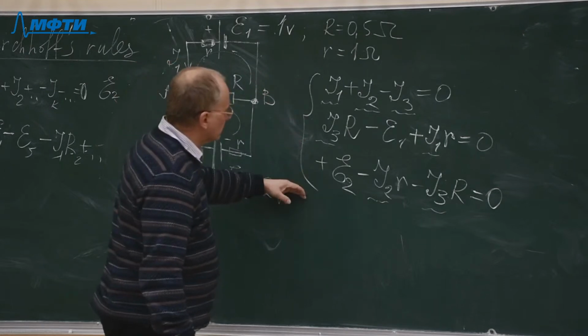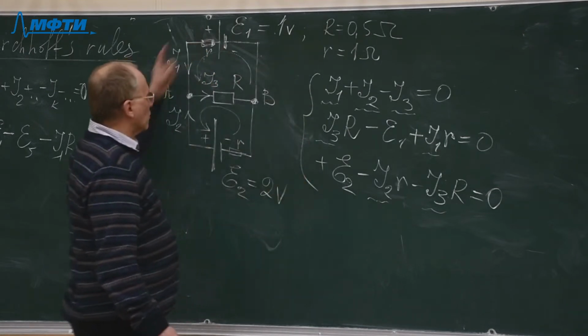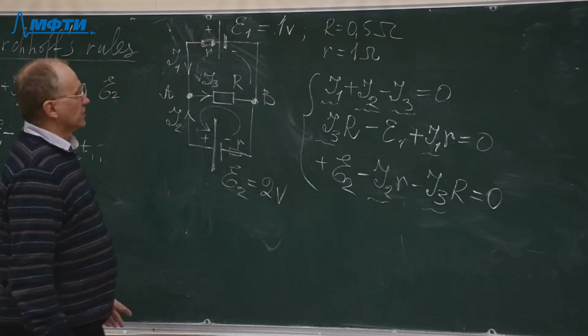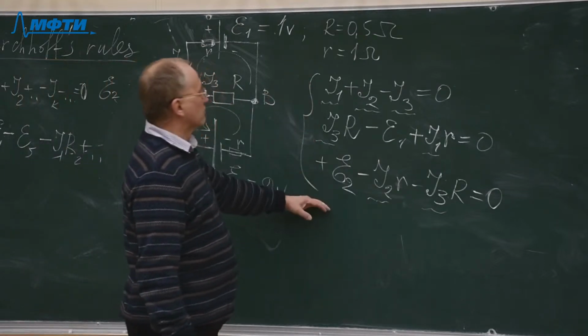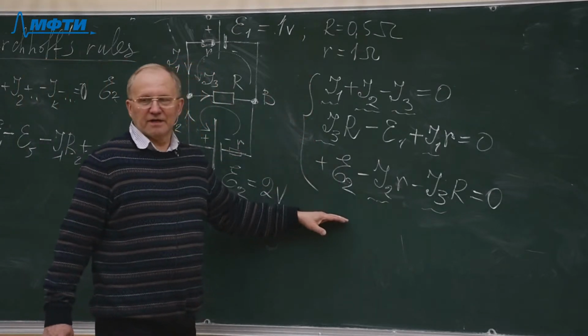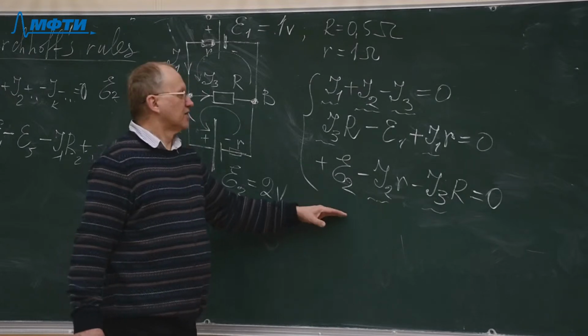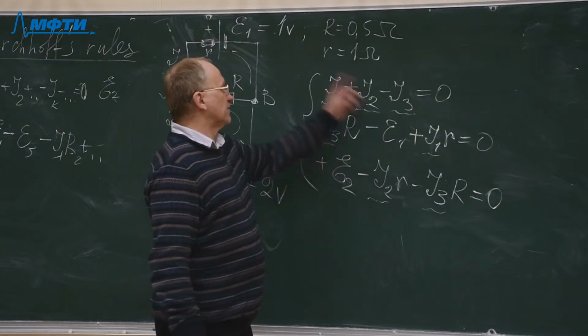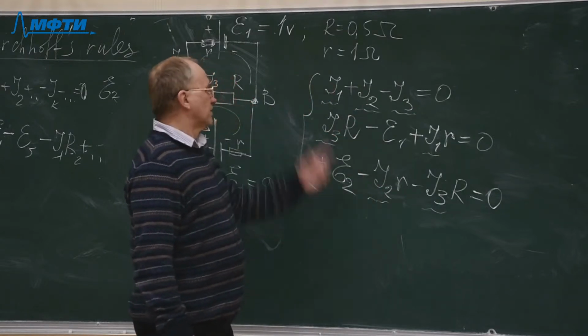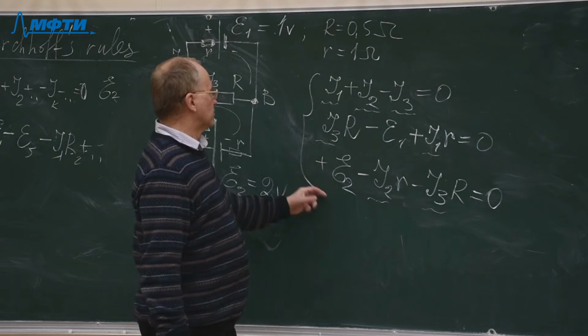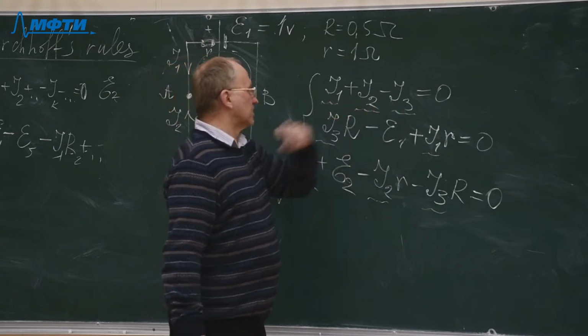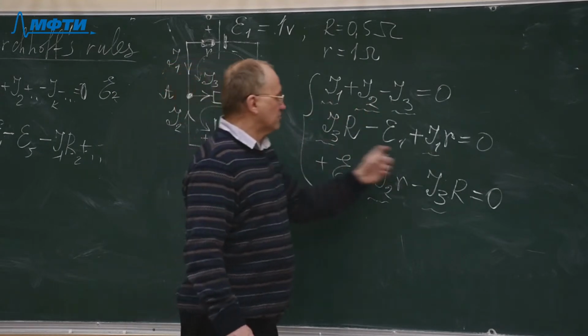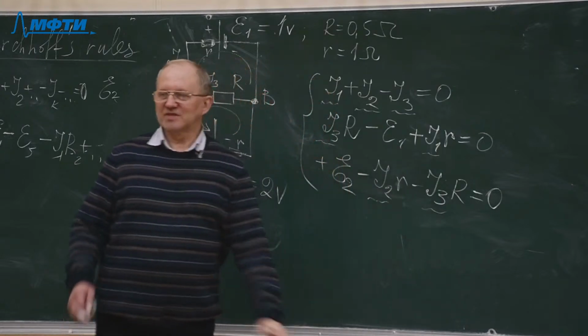As far as we have written the equations describing all the processes in this linear circuit, at this point physics ends and mathematics begins. And now this is just a mathematical problem: to solve a system of three simultaneous equations and to find three unknown variables found in these equations. This is a mathematical problem.